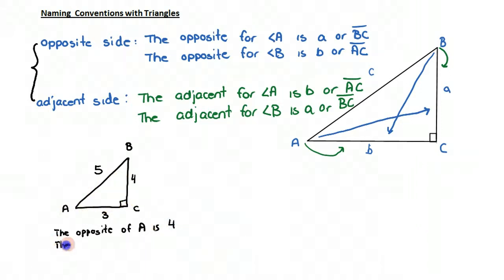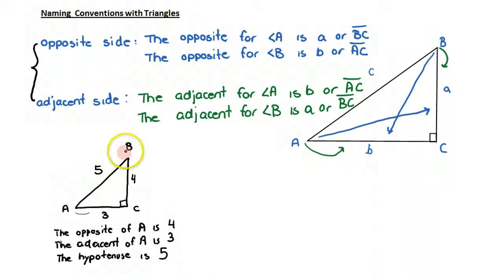The adjacent of A, and again, I start from A and just go right next to it, is 3, and we know the hypotenuse is 5. The hypotenuse doesn't change.